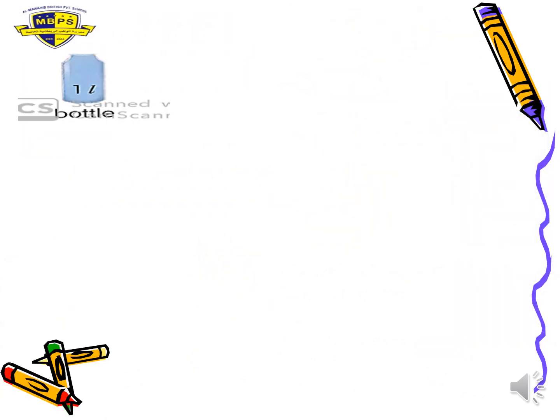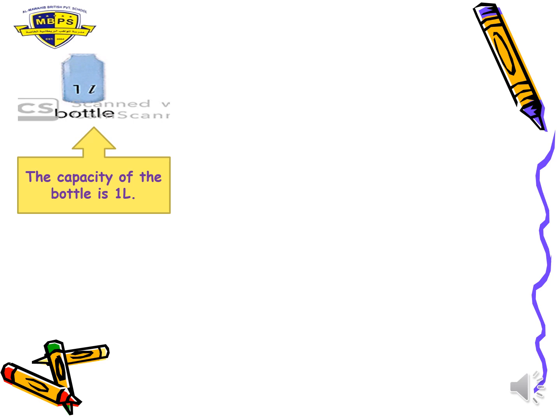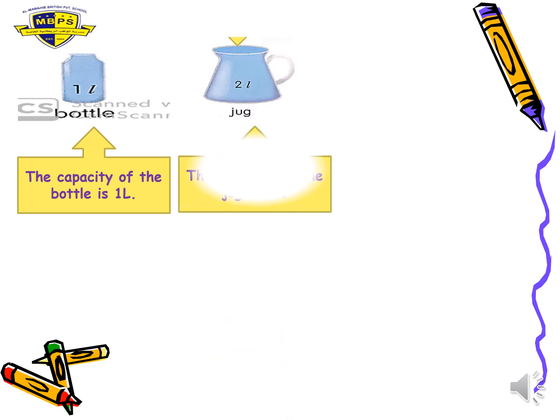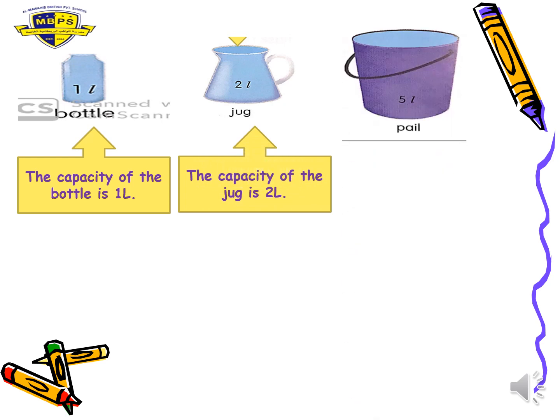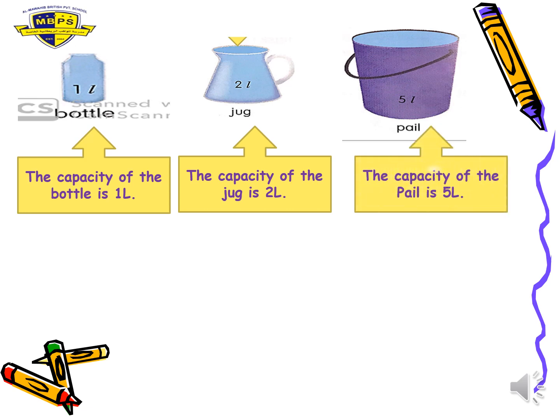What is the capacity of the bottle? The capacity of the bottle is 1 liter. Move to the jug. The capacity of the jug is 2 liters. And the capacity of the pail is 5 liters.